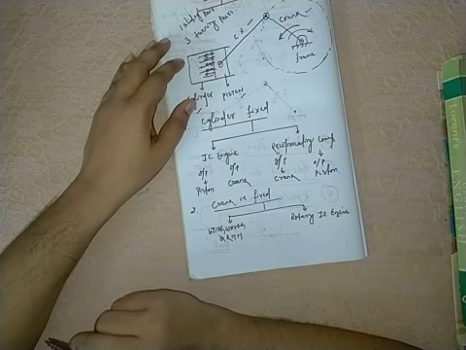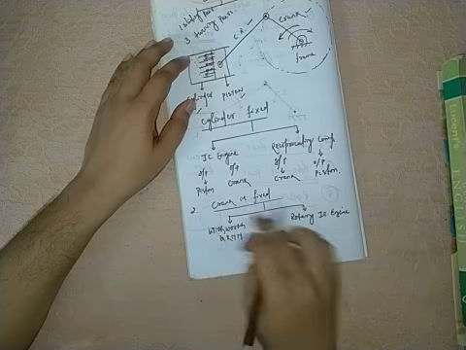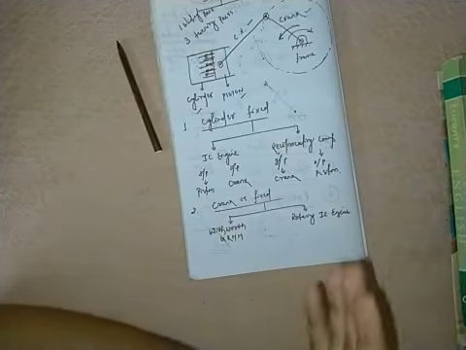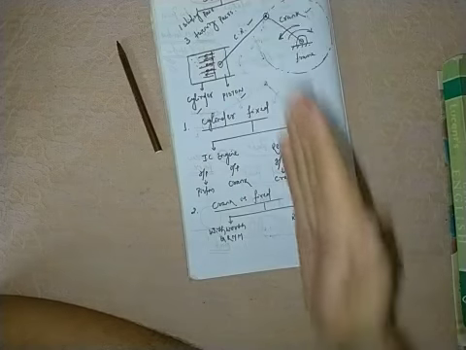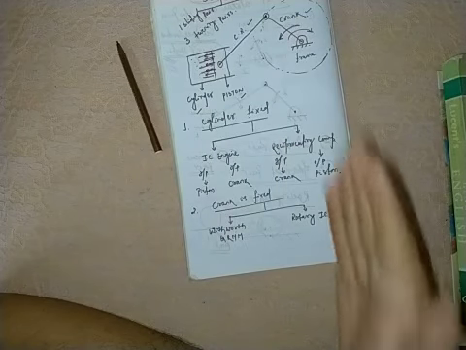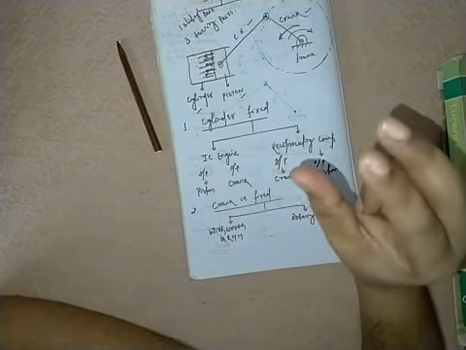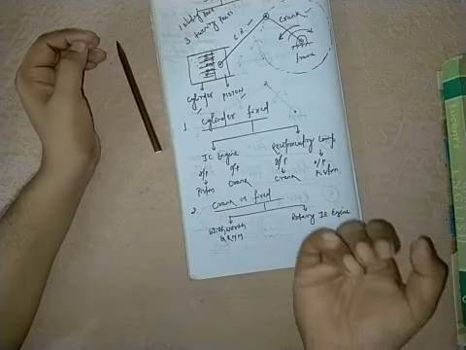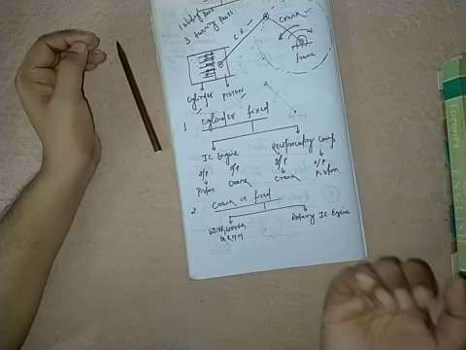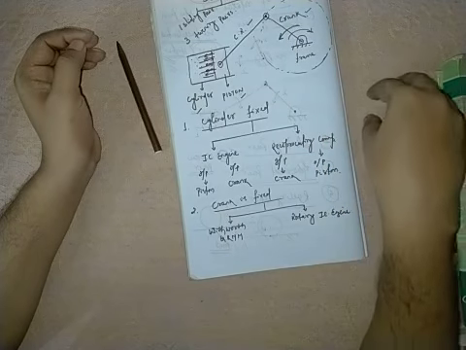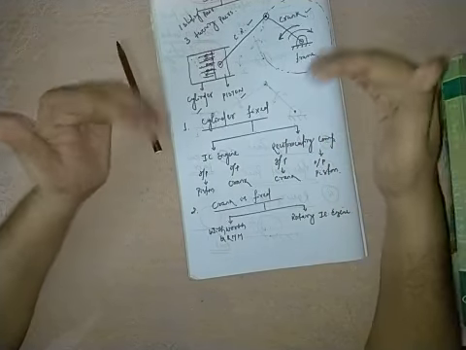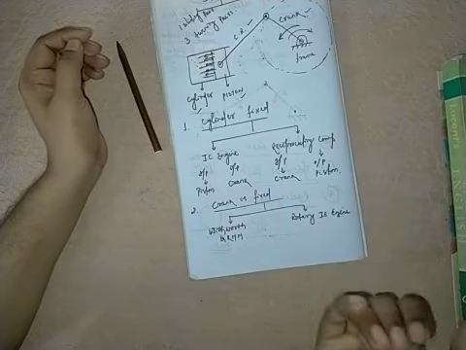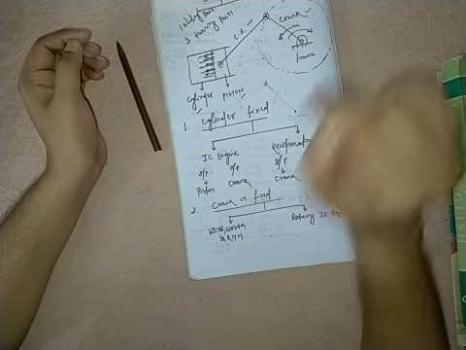So you know, in a quick return motion mechanism, suppose at the time of cutting, a special tool is used, it will take more time to cut, but at the return time, if the tool takes the same amount of time, it is a wastage of time, and we cannot produce more products. So the return should be idle and quick. That's why it is called quick return motion mechanism.